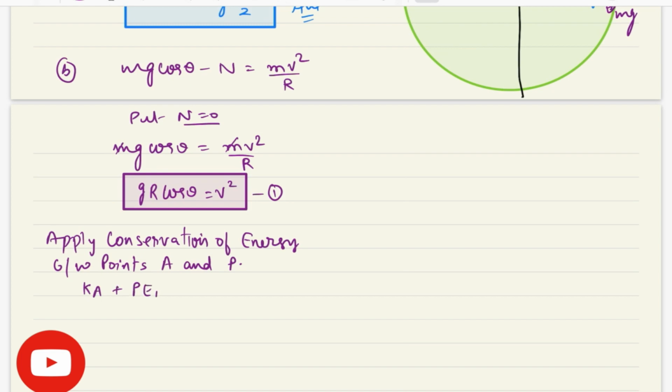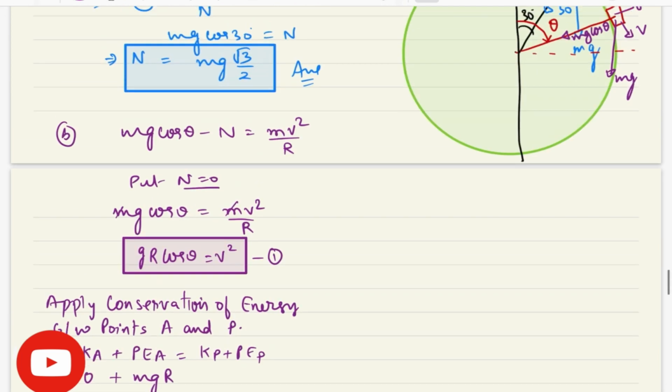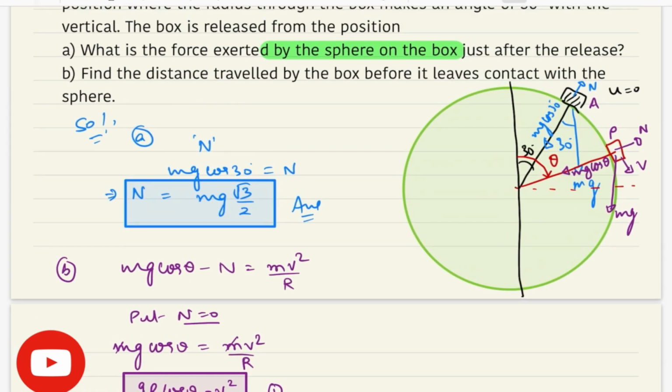Potential energy at A equals kinetic energy at P plus potential energy at P. Let's say this is our reference level.